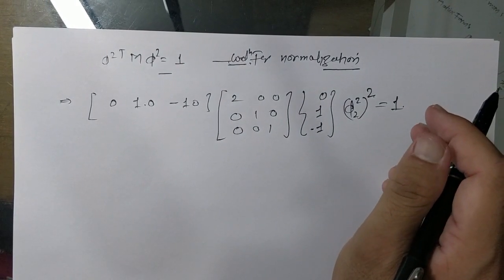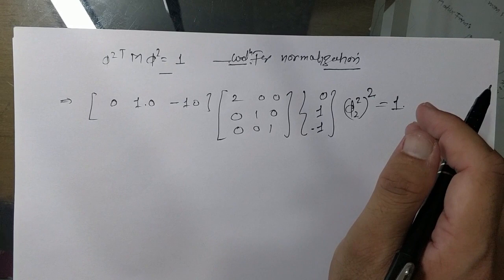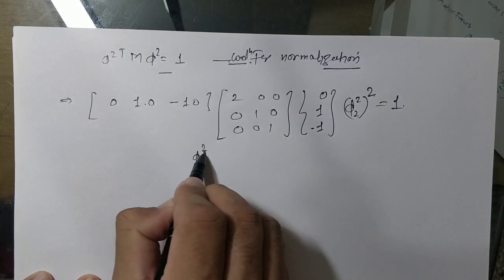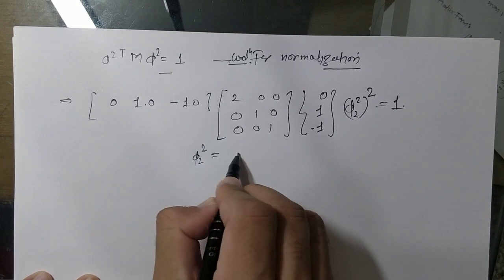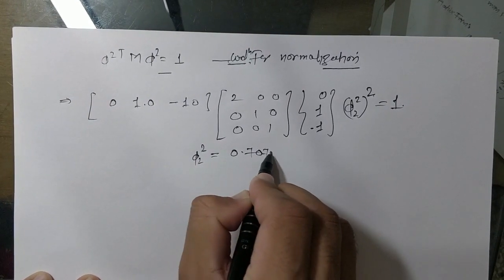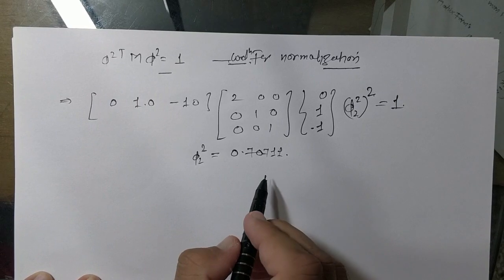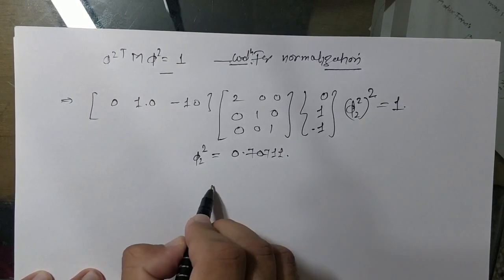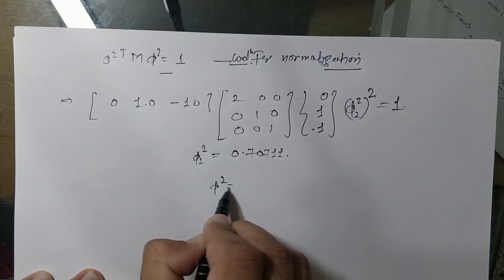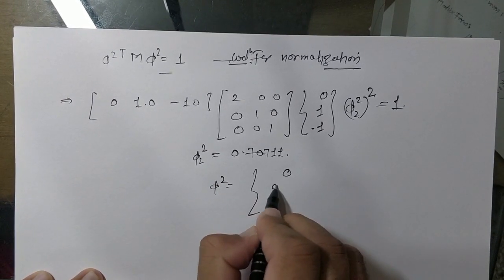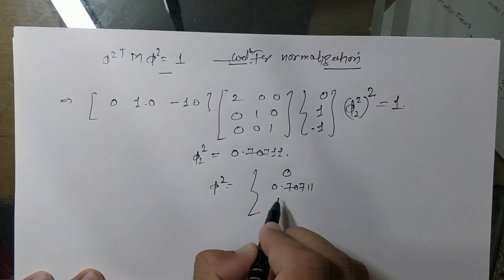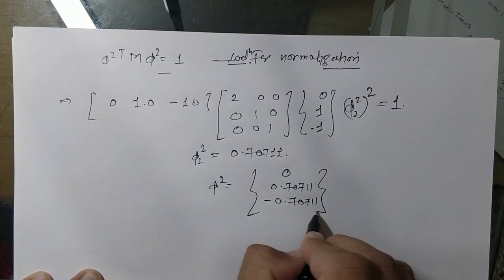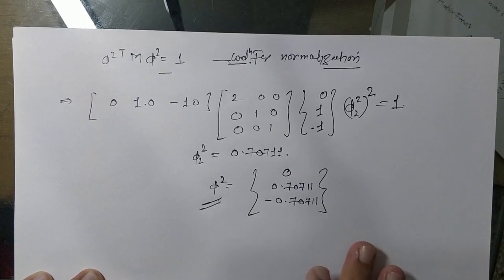If we solve this, we'll get the value of phi 2 2 as 0.70711. So if we replace the value in the second mode shape, the normalized second mode shape is 0, 0.70711 and 0.70711. So this is our second normalized mode shape.